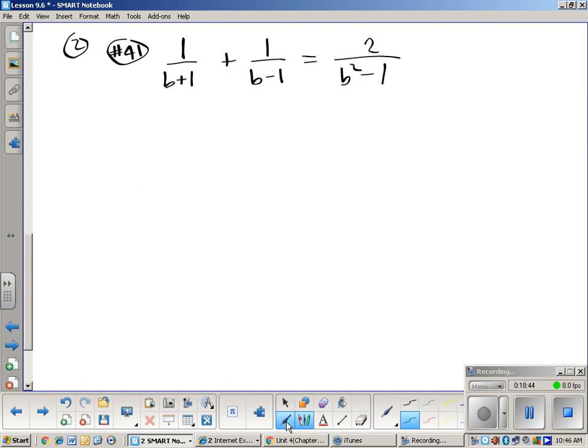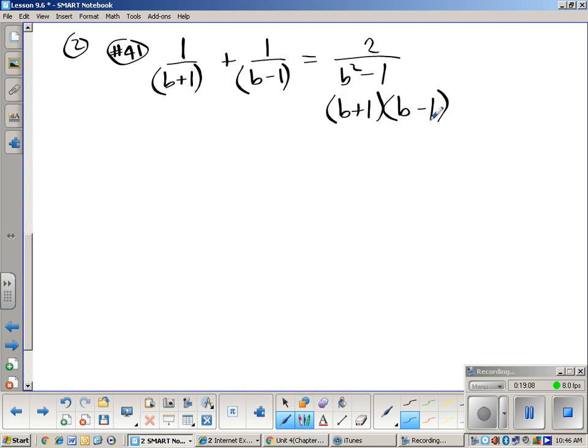So this factor is b plus 1, this factor is b minus 1. How does this factor? It would be b plus 1 and b minus 1.